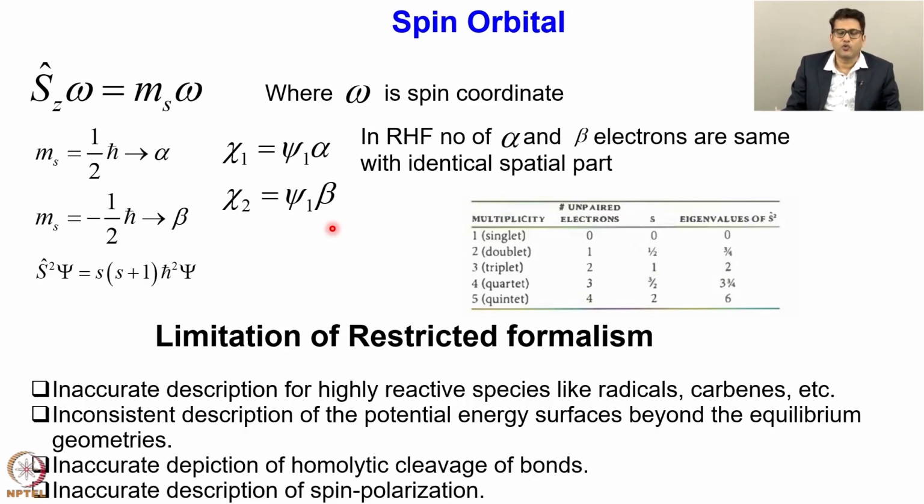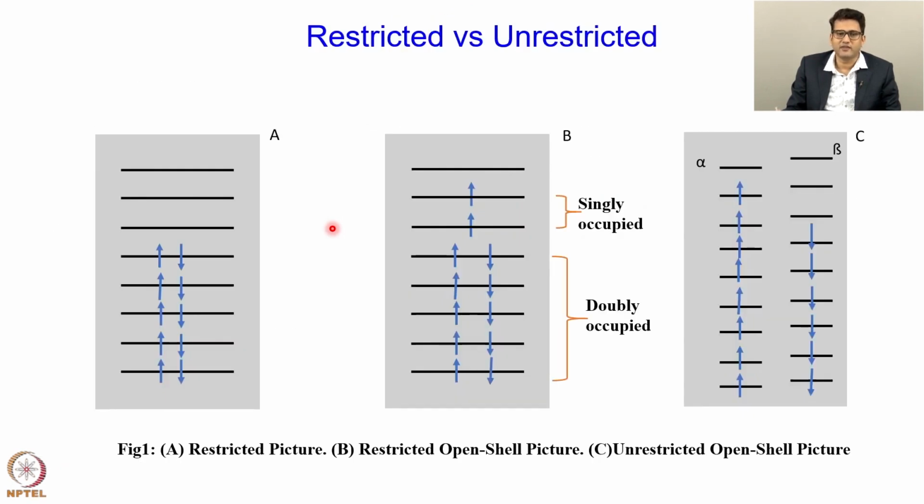So the solution is to go for unrestricted formalism. There are basically two kinds of unrestricted formalism. One is called restricted open shell picture, and the second one is called unrestricted open shell picture. If you just want to see it pictorially, in the case of the restricted picture, all my electrons are paired up.